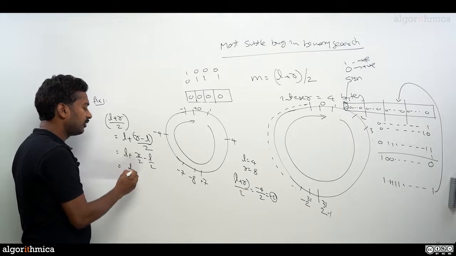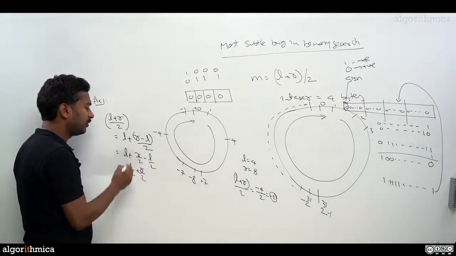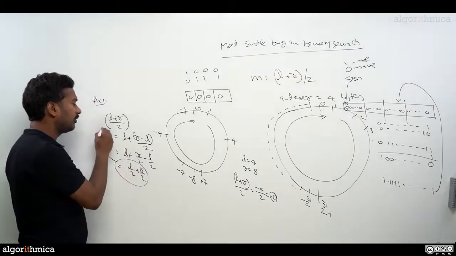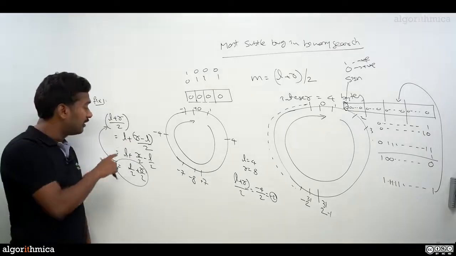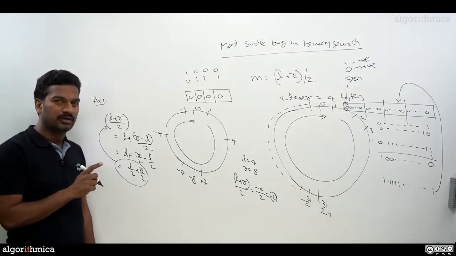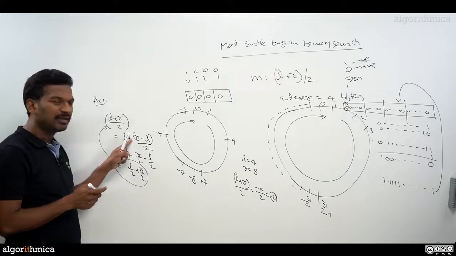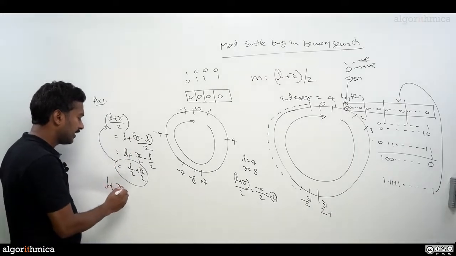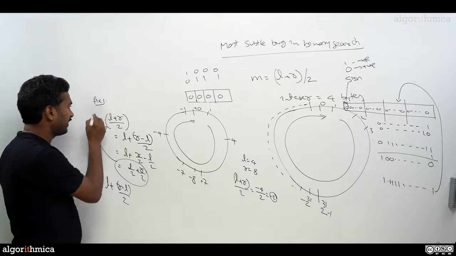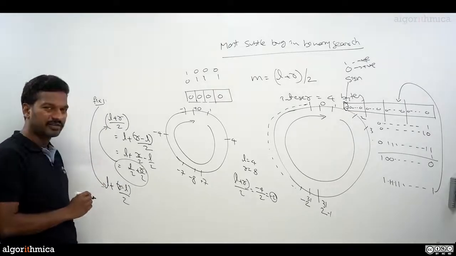L minus L by 2 gives L by 2, plus R by 2, which is exactly equivalent to the original. But what benefit will this slightly different algebraic expression give? Let me write it: L plus (R minus L) by 2 is our fix 1.